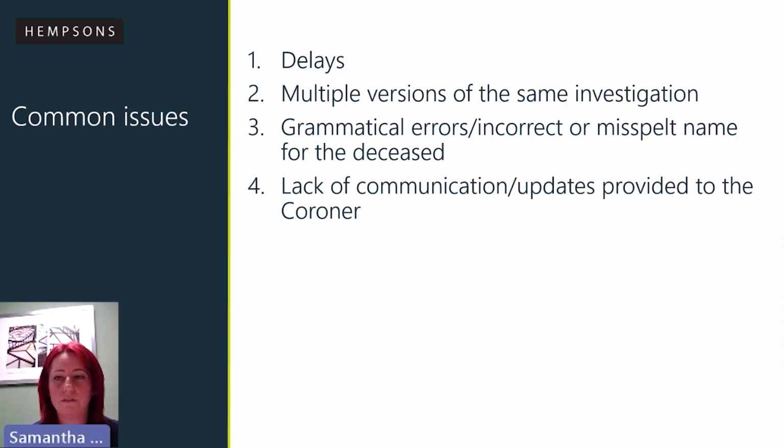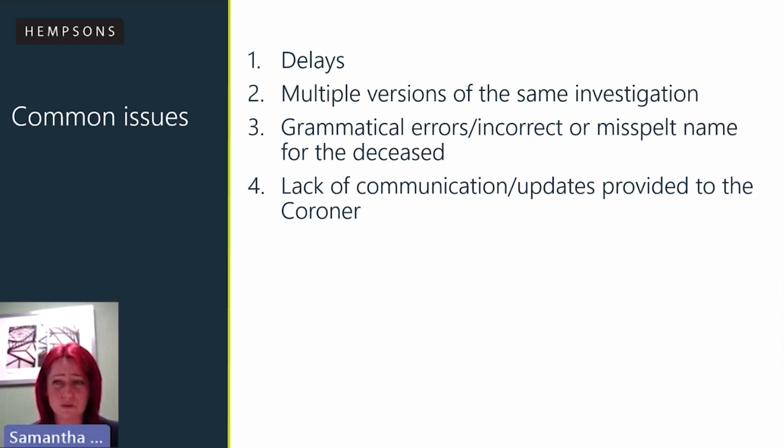Where we have to be very careful is that those drafts aren't disclosed to the coroner. We're only disclosing the final investigation to the coroner, because sometimes what can happen is we have a working draft that's thought to be the final draft, but it's not quite the final draft, but then that's disclosed, and then we do have a final draft which changes the viewpoint slightly, and then it causes all kinds of confusion.